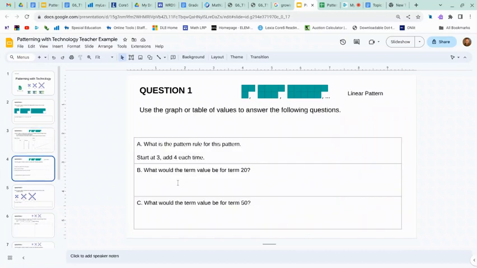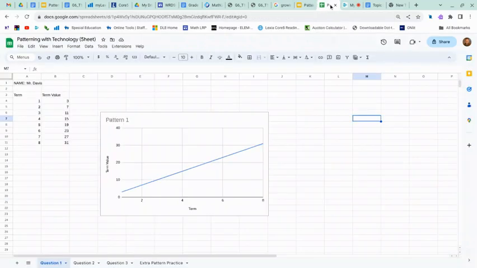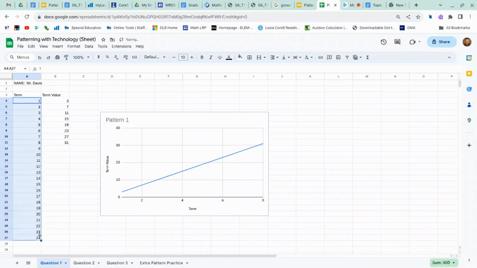Well, what's my next question? What would the term value be for term 20? Well, now check this out. I'm going to go back to my table of values graph. I'm going to highlight my term column so that the computer can figure out this pattern. We're going up by ones. And I'm going to pull it down until I get to 20, or even more than 20 would be fine.